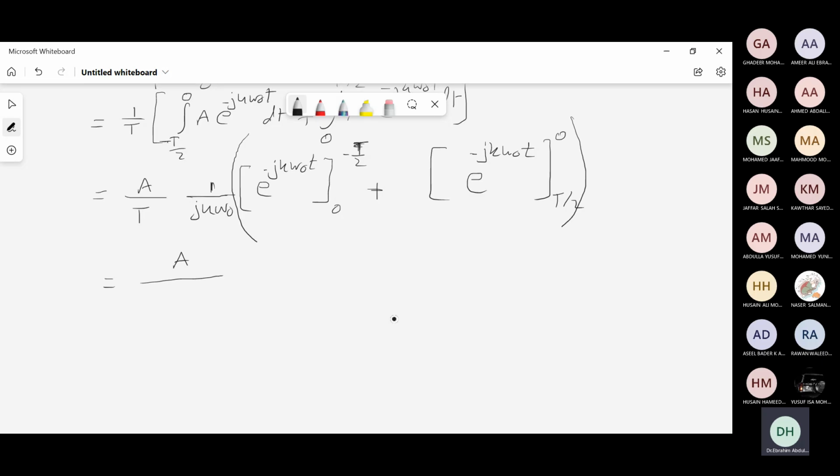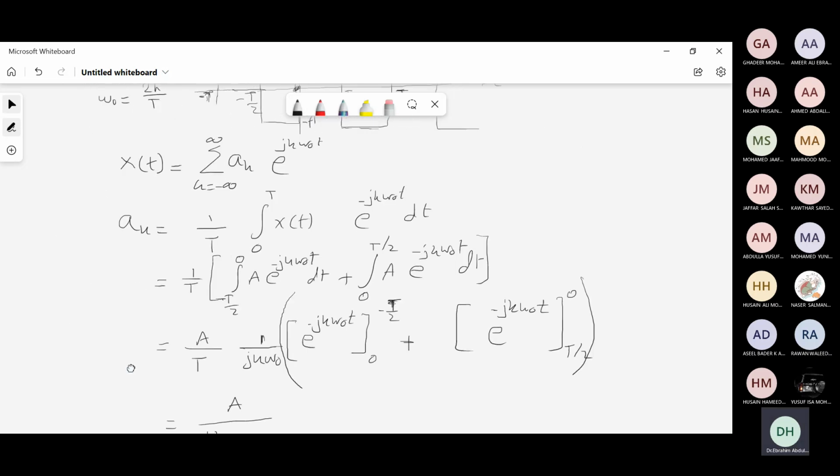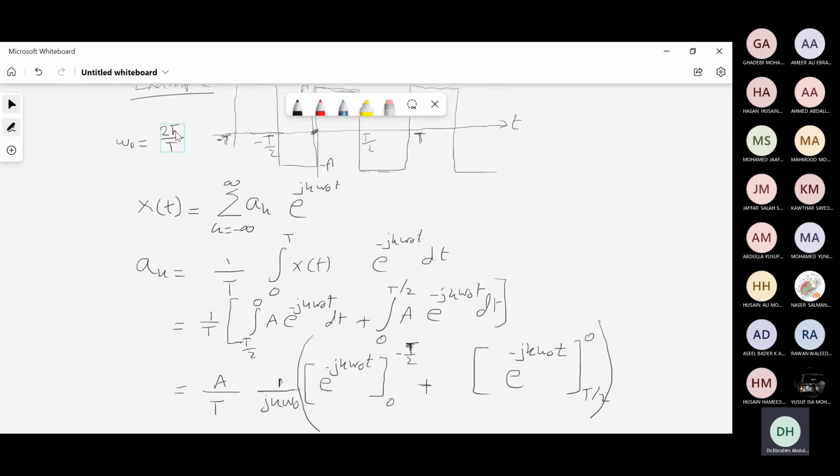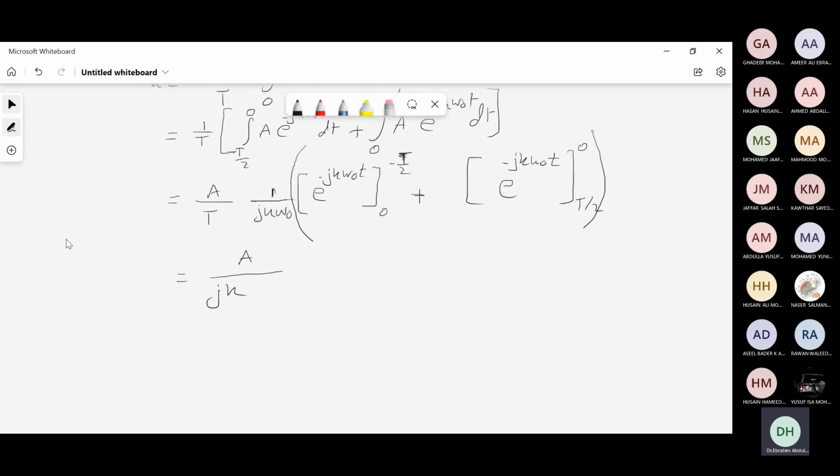So this is equal to a divided by jk omega naught. What is omega naught multiplied by t? We said omega naught equals 2 pi divided by t. So omega naught multiplied by t over 2 is pi.